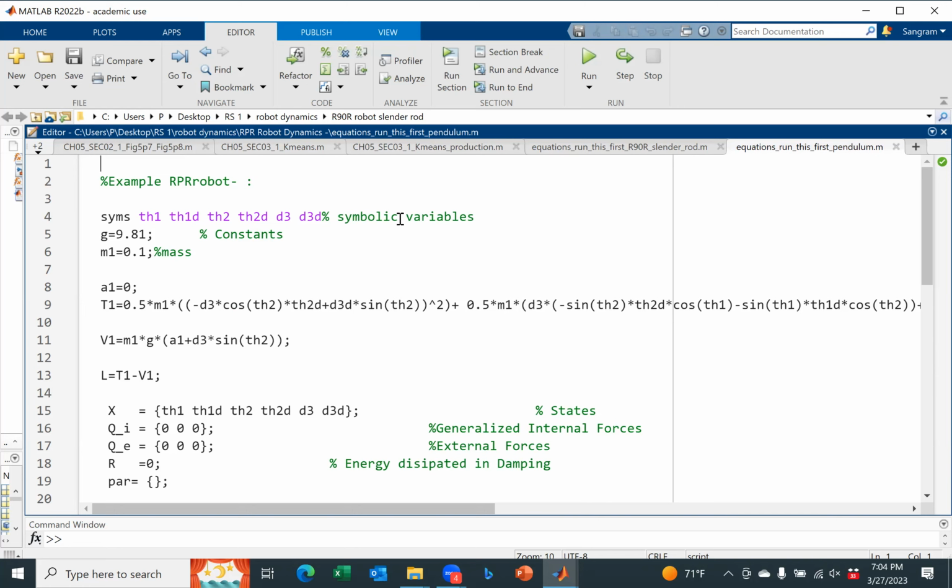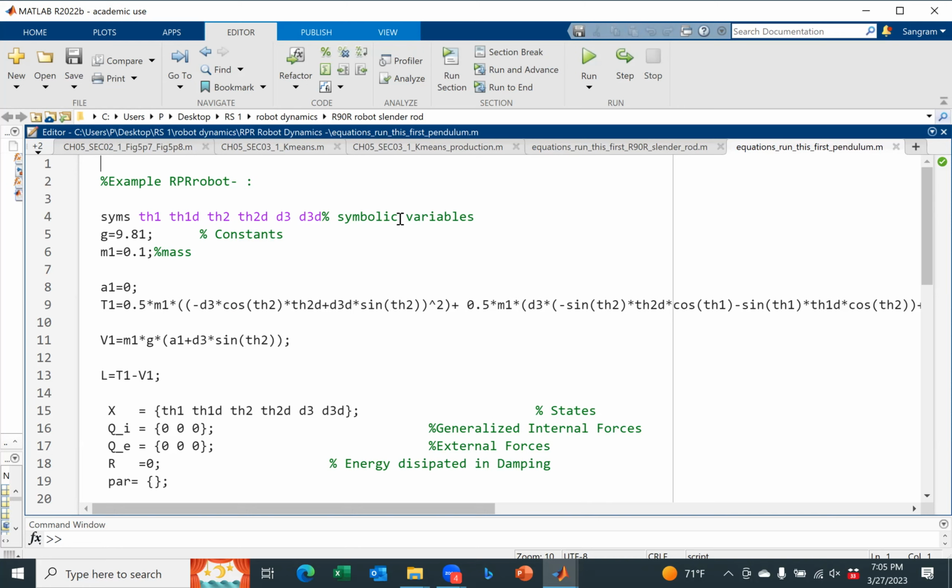The way you solve this problem is exactly the same way. You find the kinetic energy of the first mass, the second mass, the third mass, and then you go step by step and solve the problem.